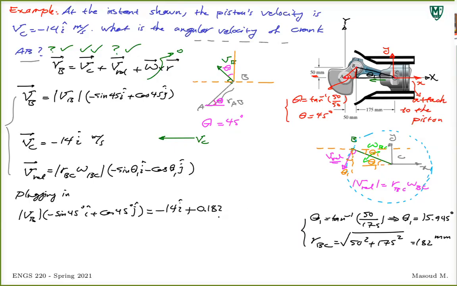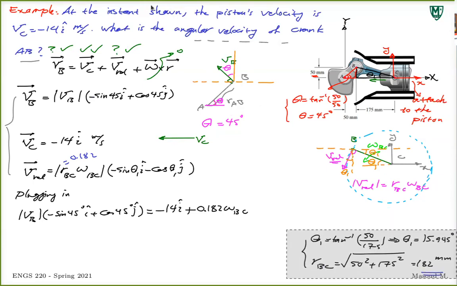Omega BC. This is R. I'm plugging in R here, 0.82. We found it here. Omega BC minus sine... Let's see if I can move things a little lower here. There you go.